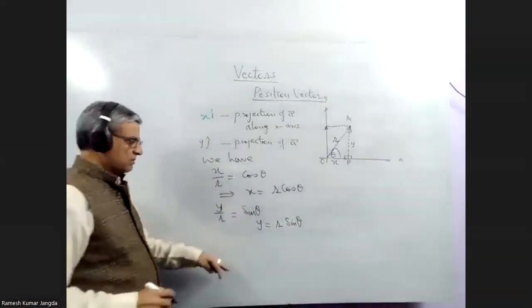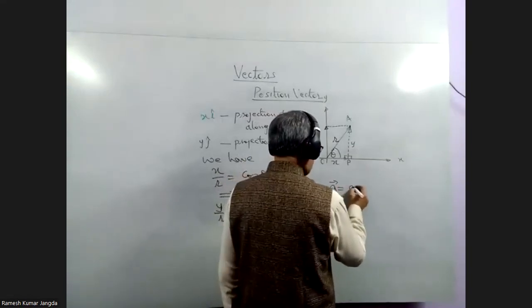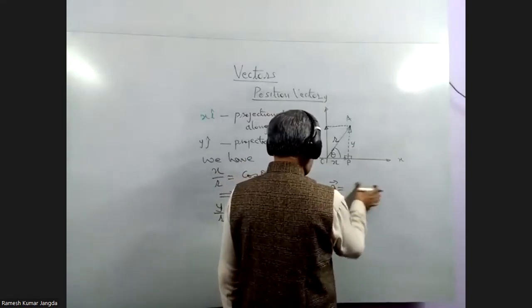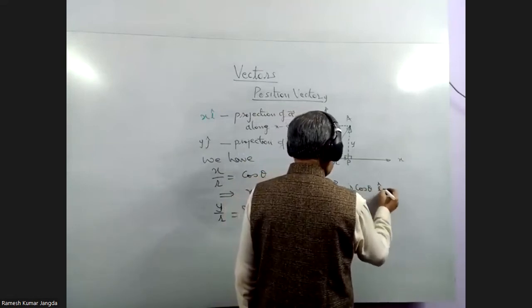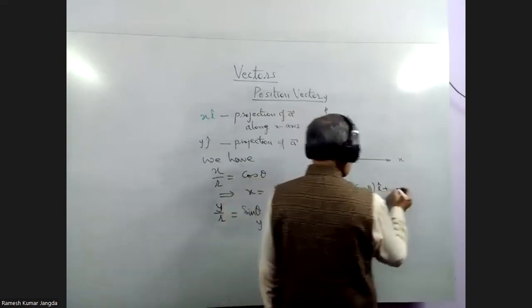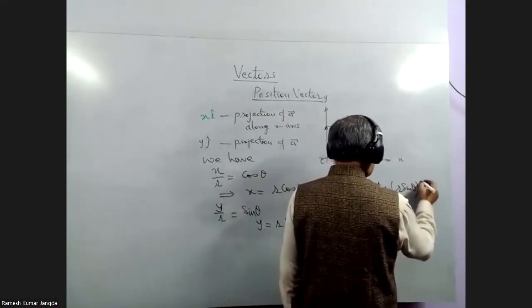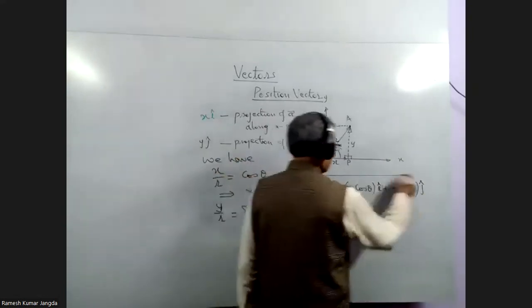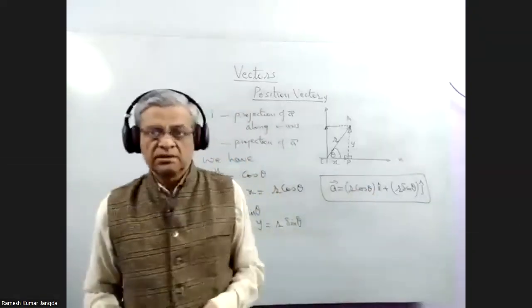Okay, using this notation, I can write my vector A as r cos theta i cap plus r sin theta j cap. So using polar form, I have made it in rectangular form.